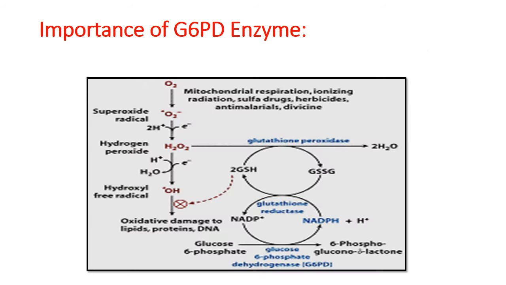Now, why does this enzyme deficiency precipitate hemolytic anemia if the drug is given? The oxygen will be acted upon by the NADPH oxidase, and the superoxide will be acted upon by superoxide dismutase and form H2O2.